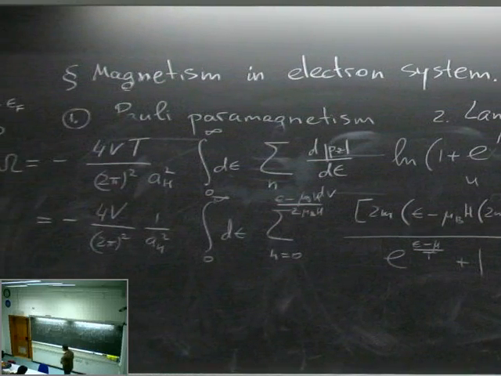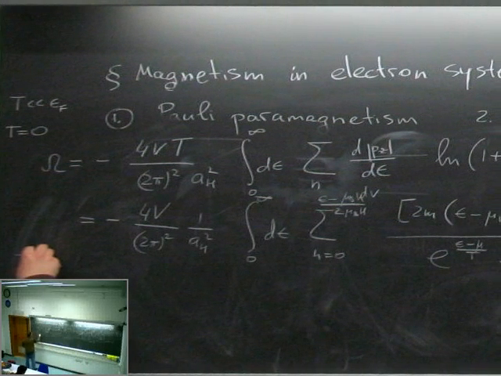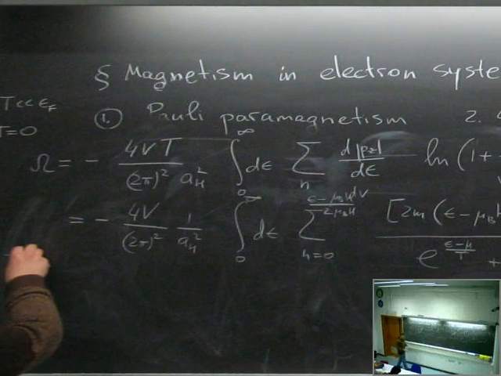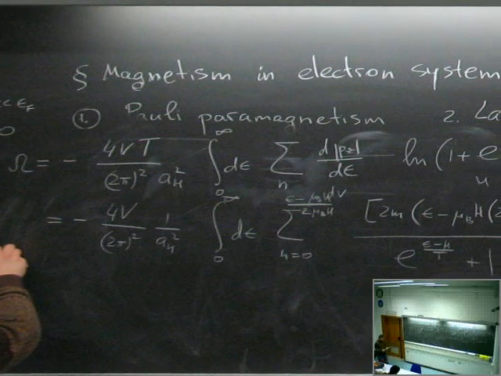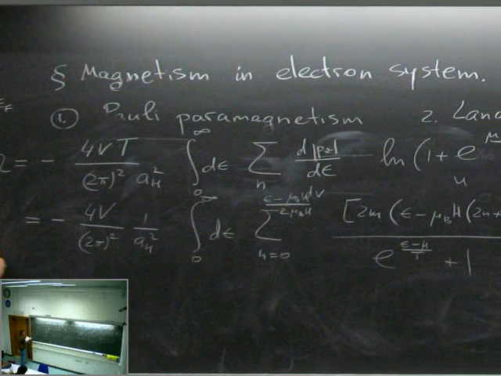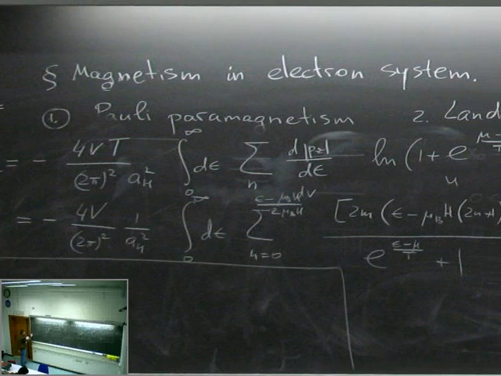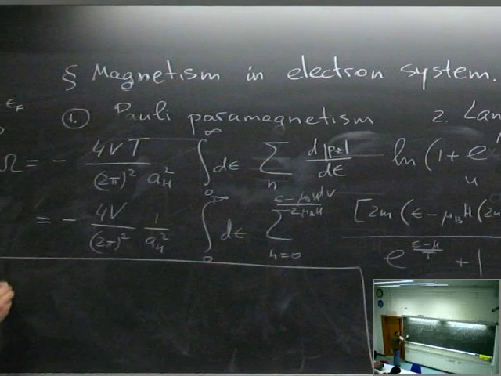And in order to do it, I would like to use the Poisson formula, which I will give you without proof. It tells me how discrete sum can be replaced by integration if I have some function which depends on n plus 1/2.